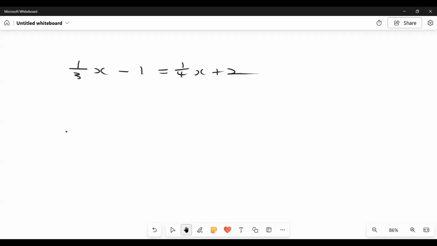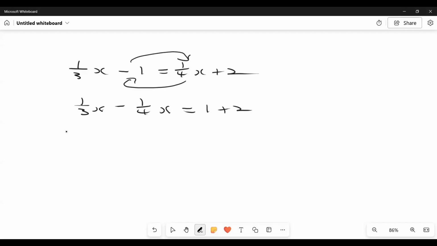And there are different approaches that you can use, right? I'll show you maybe 2 of them. I can get these 2 x's together, so I can do this. Minus a quarter x equal to, bring this minus 1 over here, right? So we take this over here, and you take that over there, right? So you end up with 1 plus 2.